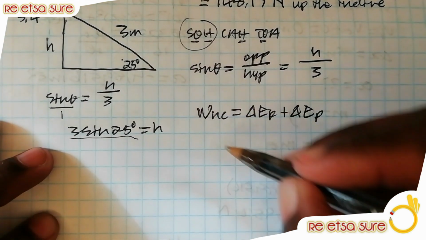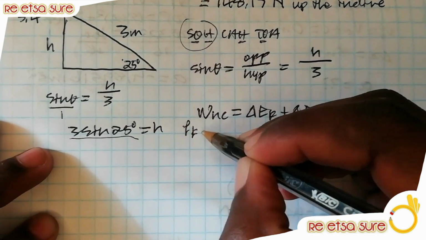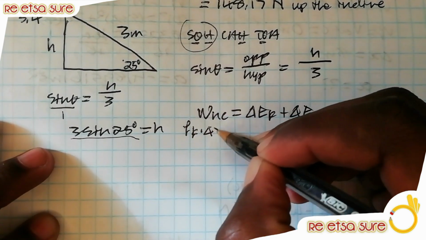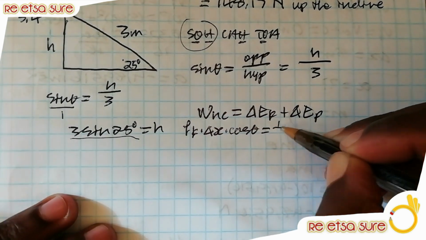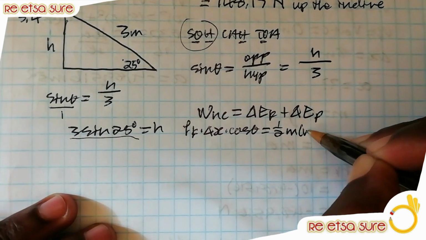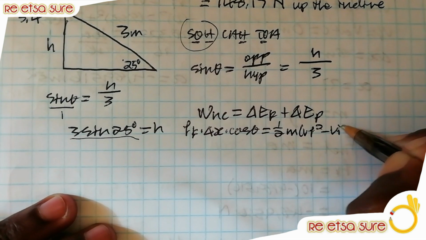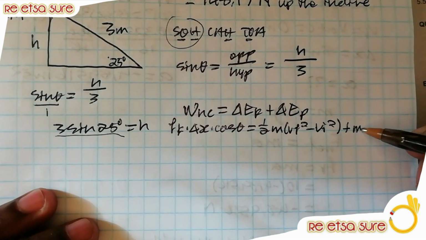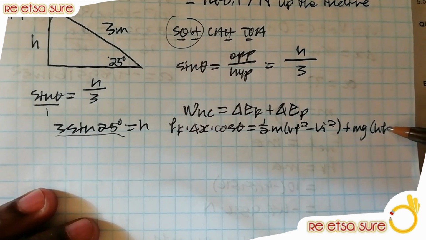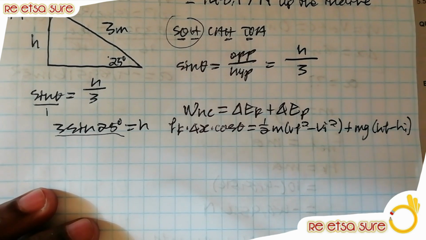Now, when we expand this, we're going to have frictional force times delta x times cos theta is equal to half m v final squared minus v initial squared plus mg height final minus height initial.